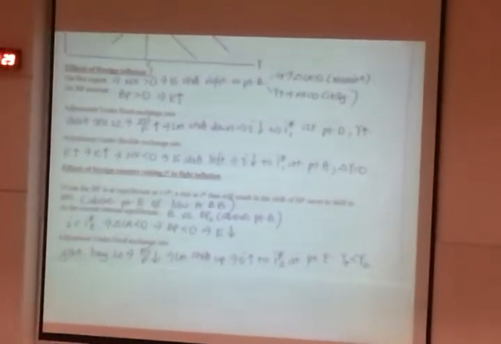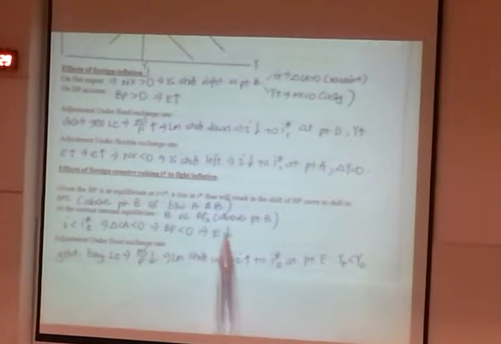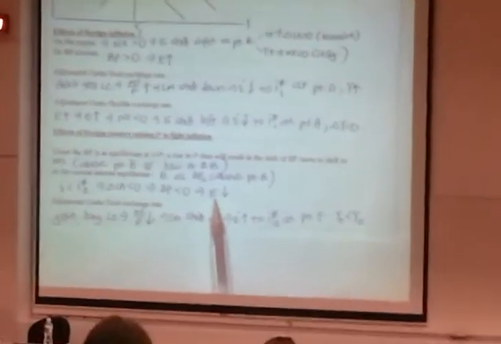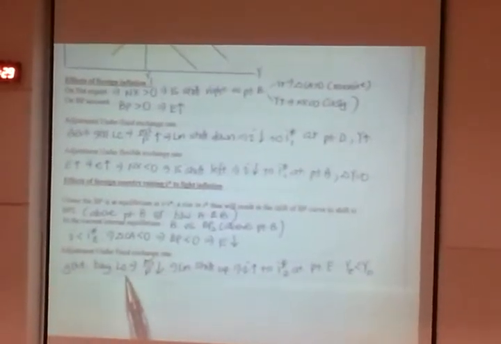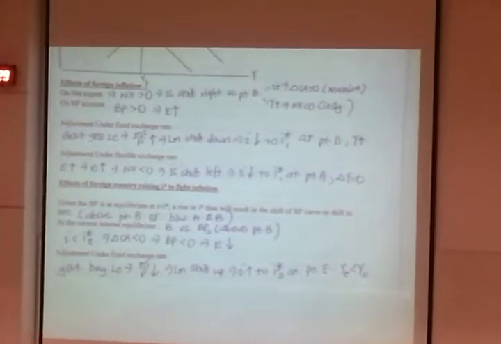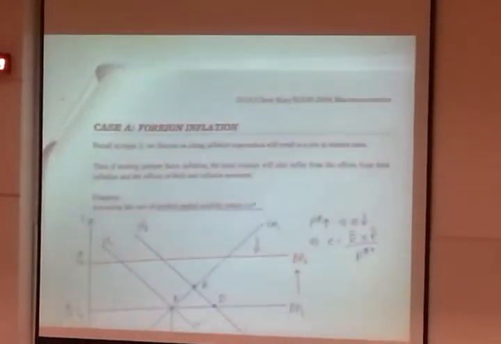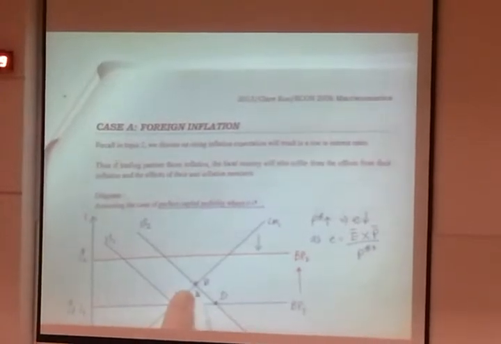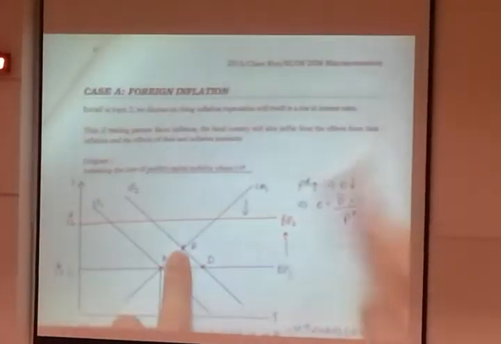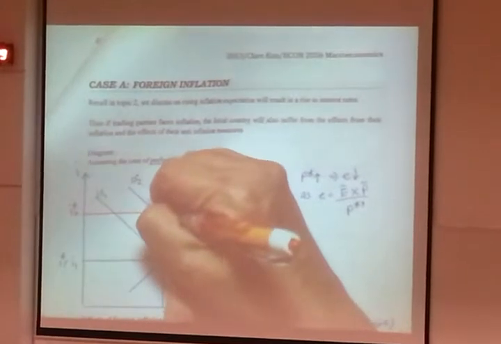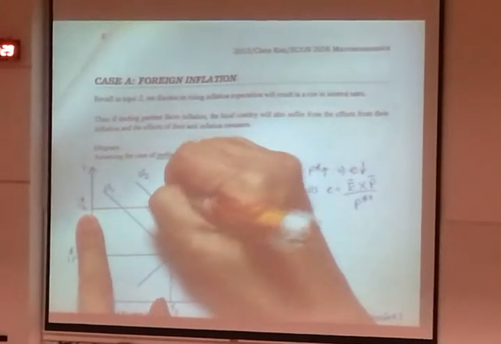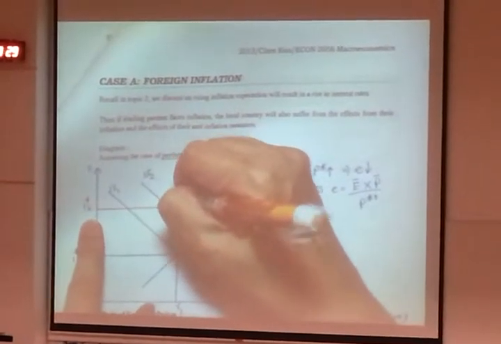So don't need to draw. You are at point B, your currency weakens. Government will buy, LM shift up. Okay, so let's go to the diagram and check. You're still at B, so don't hurry. Government buy the currency, LM shift up to I star 2.